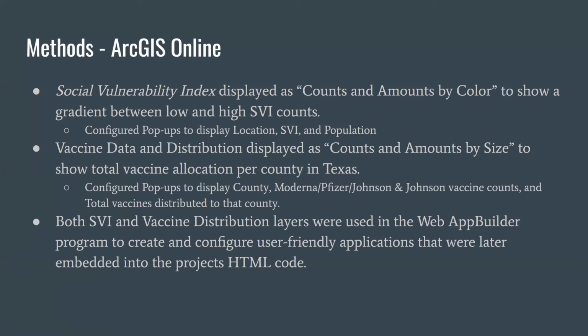And then configured the pop-ups to display the county as well as each of the vaccine counts, and finally, the total vaccines distributed to that county. And both SVI and vaccine distribution layers were used in the Web App Builder program to create and configure the user-friendly application that was later embedded into the HTML code that we just saw.